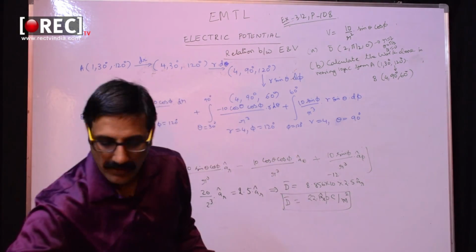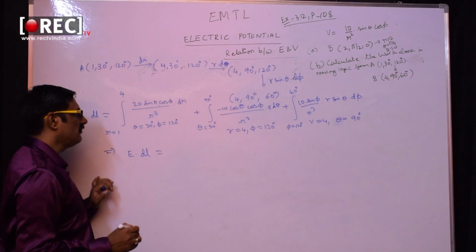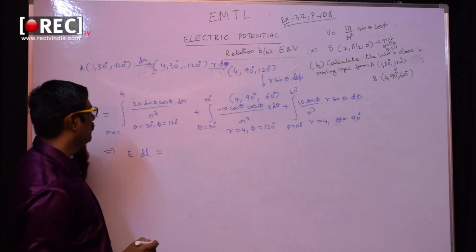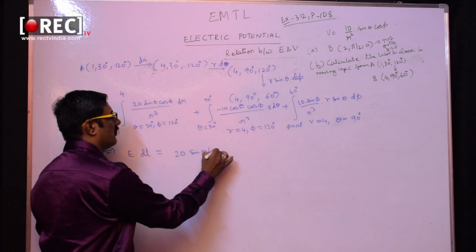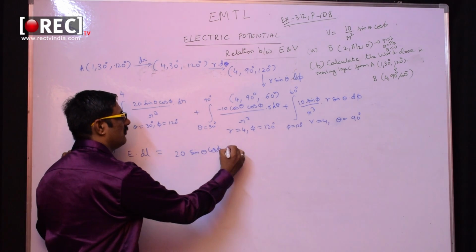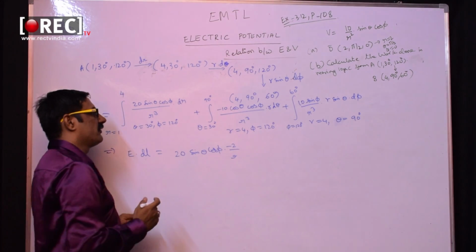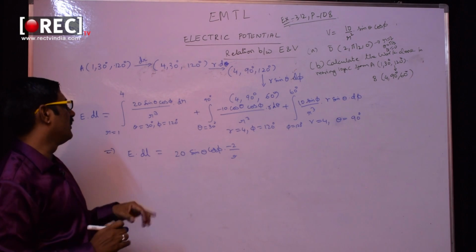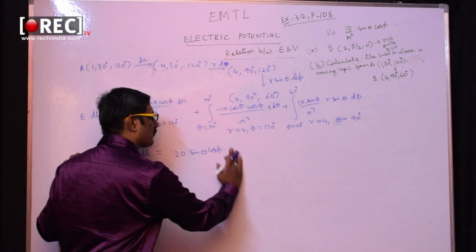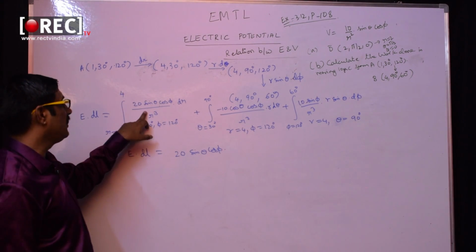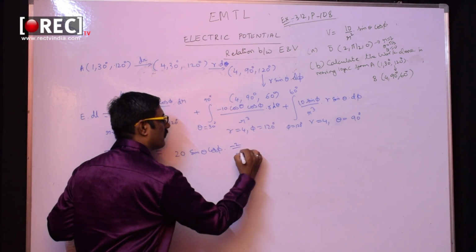Now let us substitute the values and get E dot dl. So what is the integral of dr by r cube? It is 20 sine theta cos phi into the integral of x power n, which is x power n plus 1 by n plus 1. So it is r power minus 3 plus 1 by minus 3 plus 1, which is minus 2 by r square.